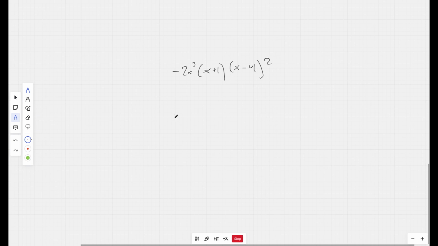And that could happen when this x right here is equal to -1, because -1 plus 1 is 0, and then 0 multiplied by the whole expression is 0. And that's how these zeros work.